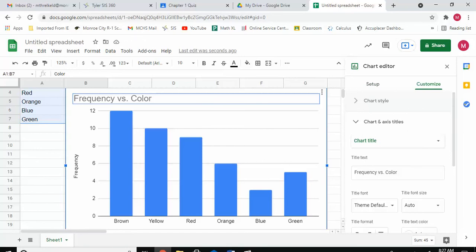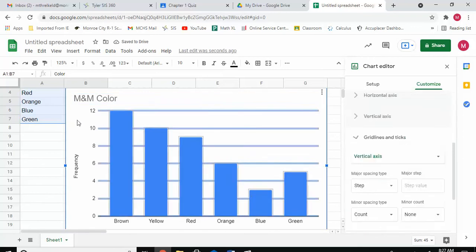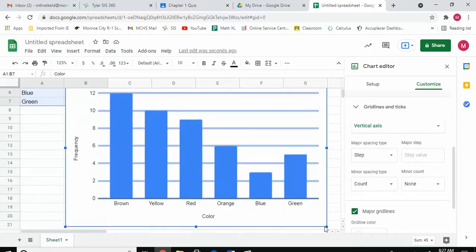You can just touch it and click on it, it comes up, or in your setup if you go to customize our title, maybe I want to call this M&M color instead. So we can change any of those things that we want. Does this look like the chart we did by hand? Yes.